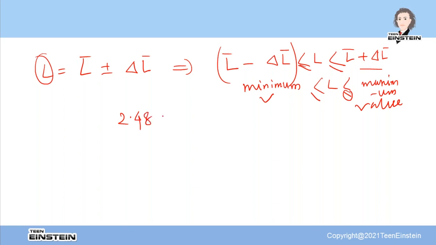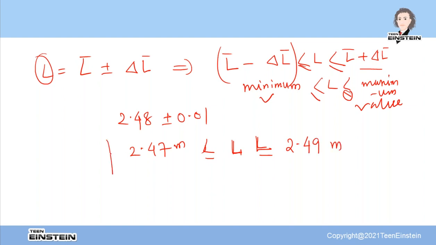So see, my length was 2.48 plus or minus 0.01. That means your length can vary. It will be either this much meter, or this much meter, or if you add this up, this much meter.